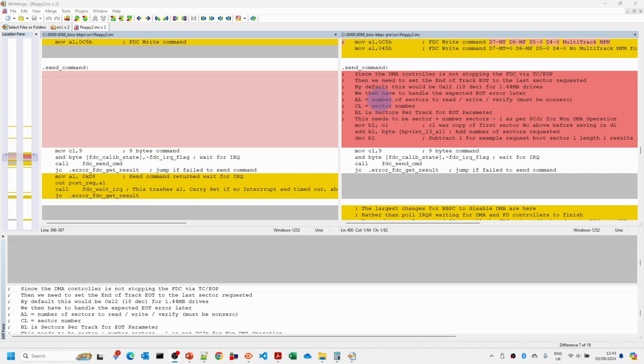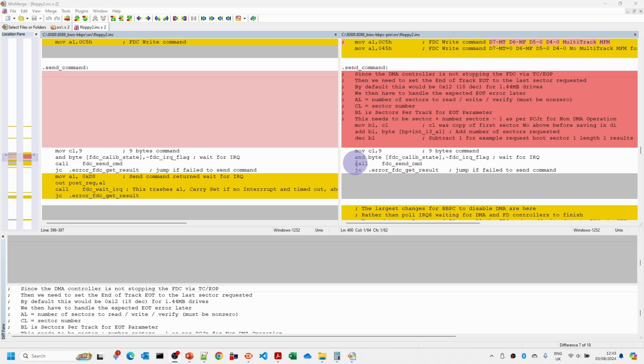So what this does is it works out based on the current sector and the number of sectors requested, what the end of track should be for this particular request, subtracts 1, and then when we send out the command data, it means that the end of track value, rather than being 12 hex, will be the number that we're actually expecting.